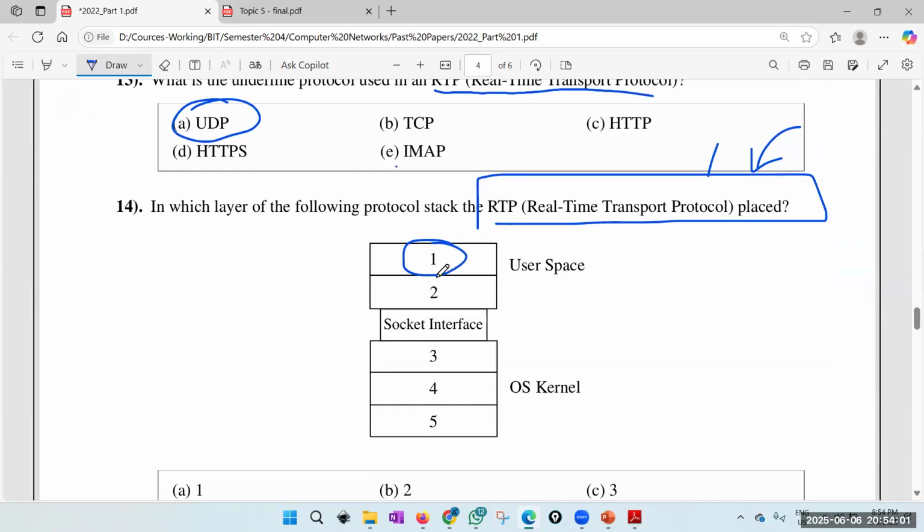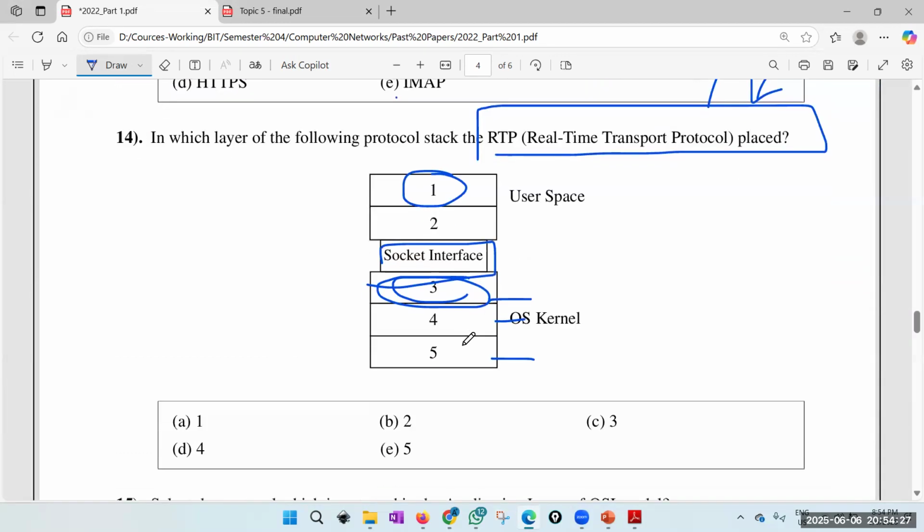I'm not sure whether it's one or two, because this is the socket interface. So this is basically your physical link network. No, this should be transport layer. I'm not very sure whether it's one or two, but one of those two. I'll go for one, taking it as an application layer.